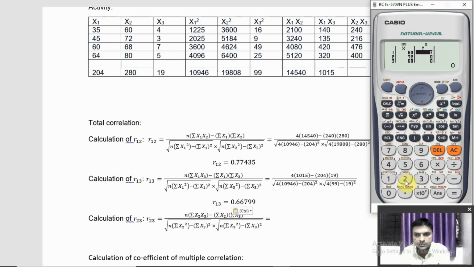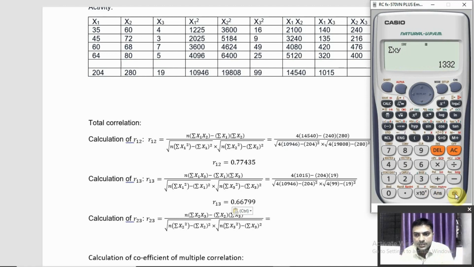Then you take y as x3, that is 4, 3, 7, 5. We have already calculated the sum of all the values. Only I want summation x2 x3, so just press AC, go to shift 1, 3, 5. Sorry, x2 and x3 we get.